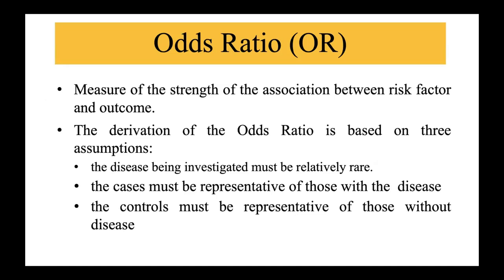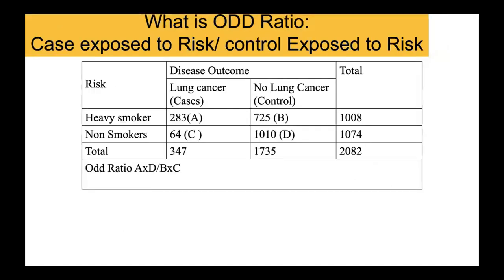So odds ratio, how to calculate the odds ratio? This is the odds ratio. This is the example. Can you calculate the odds ratio from this one? There are two groups, lung cancer cases and no lung cancer cases.